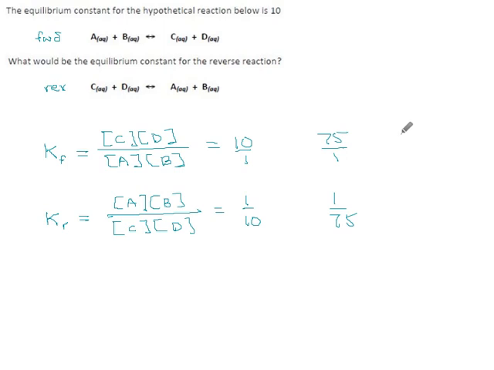If this thing was 0.668, for this one you could write 1 over 0.668. And probably you'd do that on the calculator: 1 divided by 75, 1 divided by 0.668, and that would give you a nicer version for the equilibrium constant. So the takeaway from this, if you know one reaction's K, if you reverse the reaction, you flip the K over, you do its reciprocal. It doesn't go negative or anything like that, it just gets reciprocated.